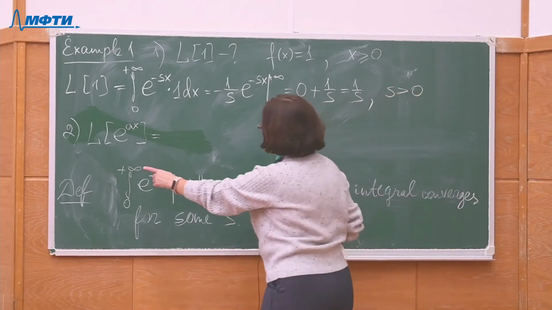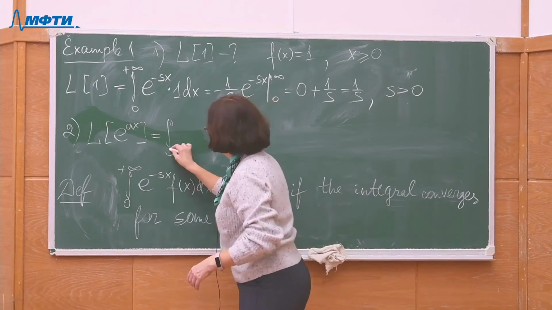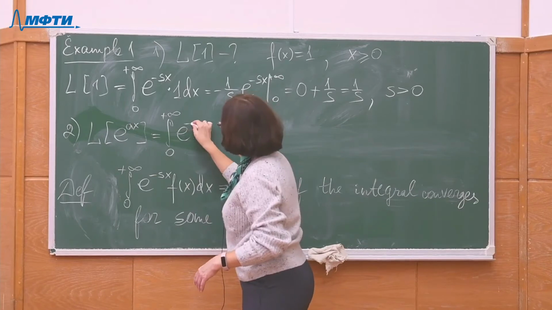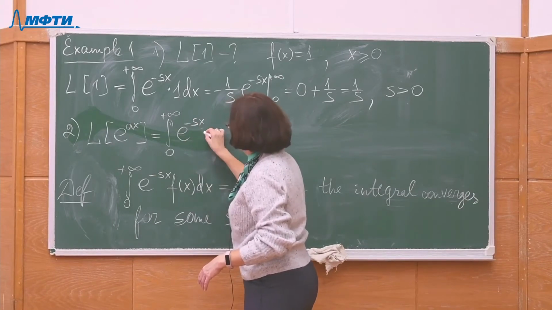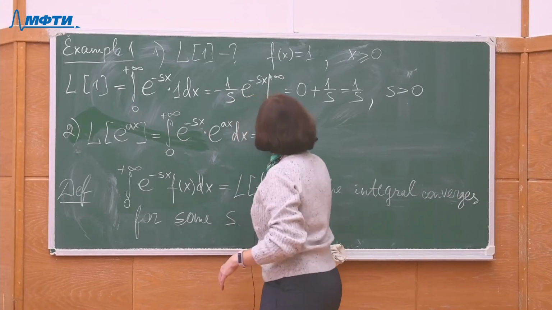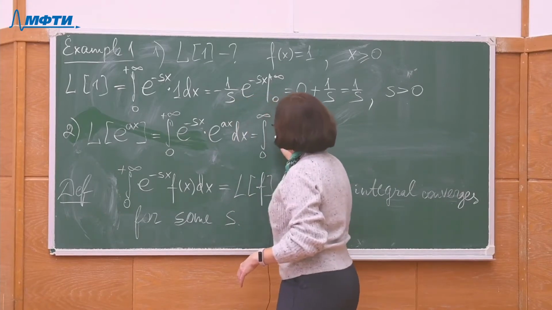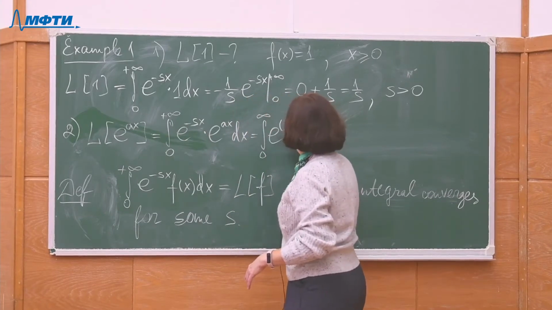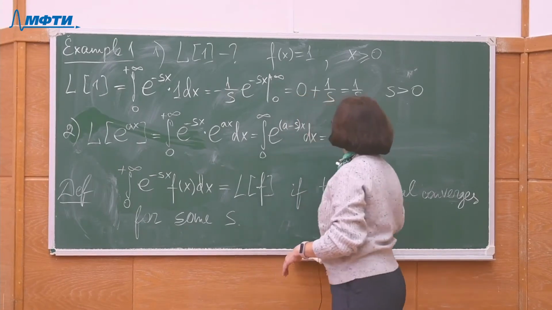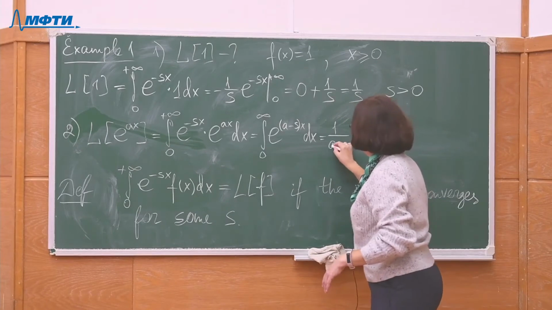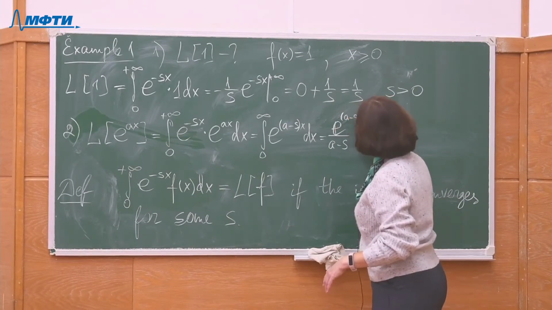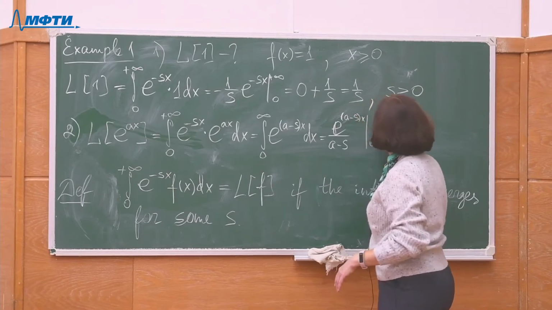By definition, it is equal to the integral from 0 to positive infinity of e to the power minus sx times e to the power ax dx, which is the integral from 0 to infinity of e to the power a minus sx dx. It is 1 over a minus s e to the power a minus sx from 0 to infinity.